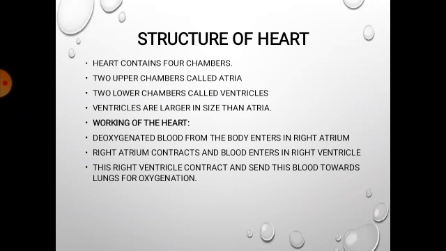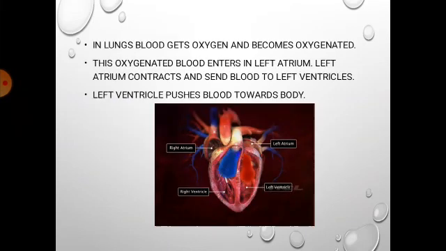Now move to the working of the heart. Deoxygenated blood from the body enters the right atrium. The right atrium contracts and blood enters the right ventricle. This right ventricle contracts and sends the blood towards the lungs for oxygenation.